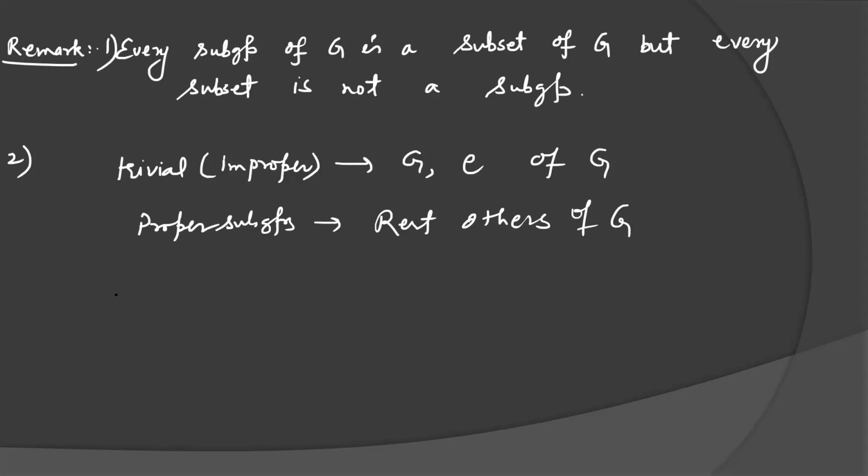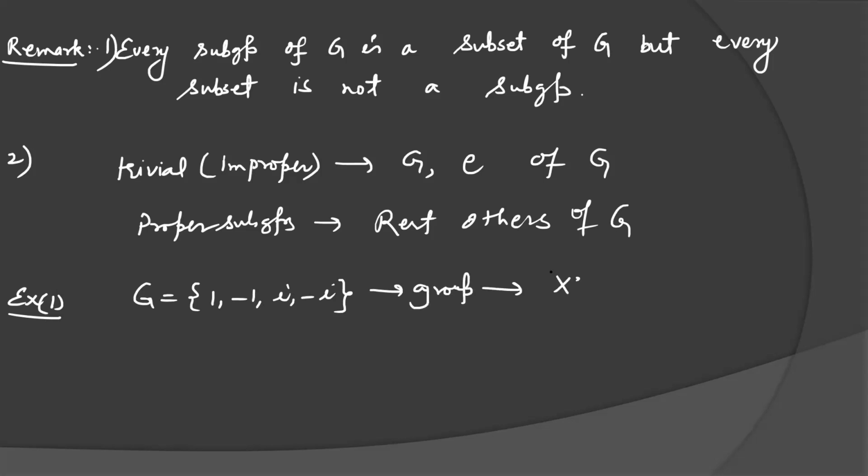Let's see some important types of subgroup. Let's see example 1. If we take a group of fourth roots of unity, I told you in lecture 2, suppose we have a group G of fourth roots of unity, and we know that it is a group under the multiplication operation.